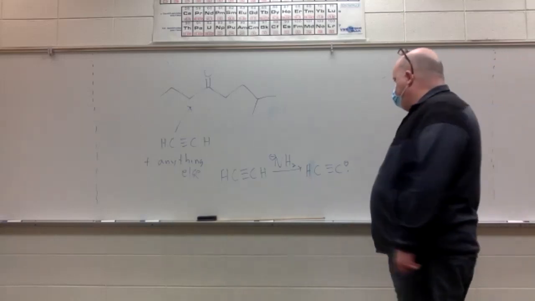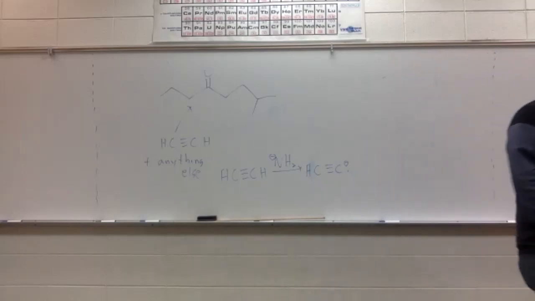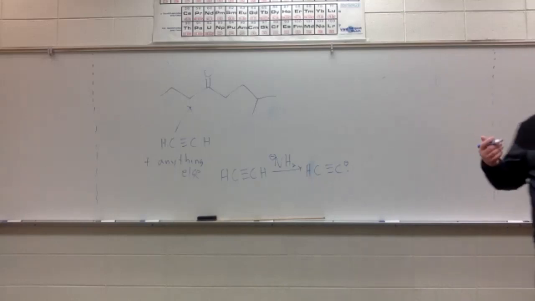Okay. So now you got to figure out what type of alkyl halide you actually want to add. How many carbons do you want to add, right? And looking at this, it's not entirely obvious, right?